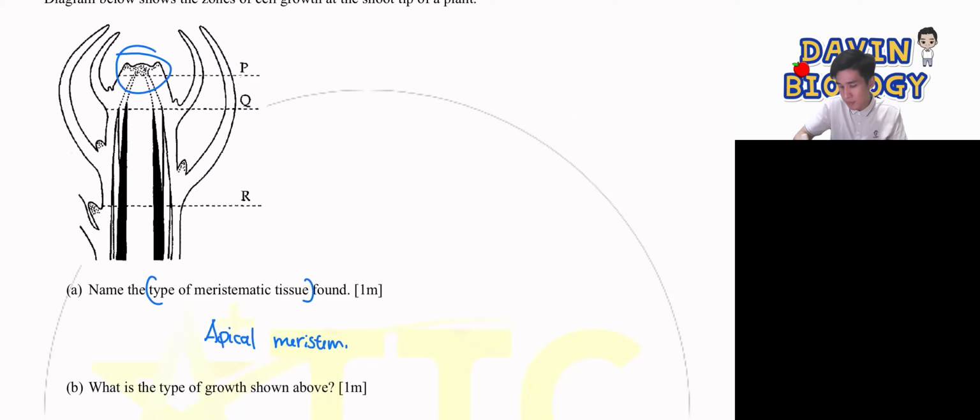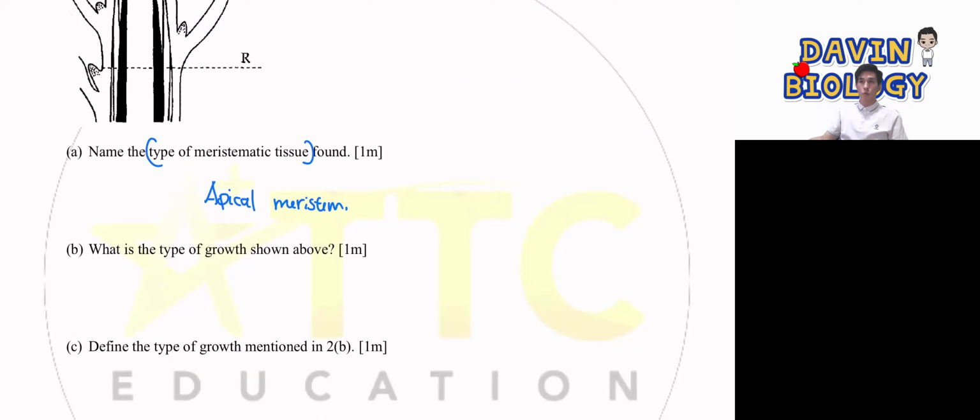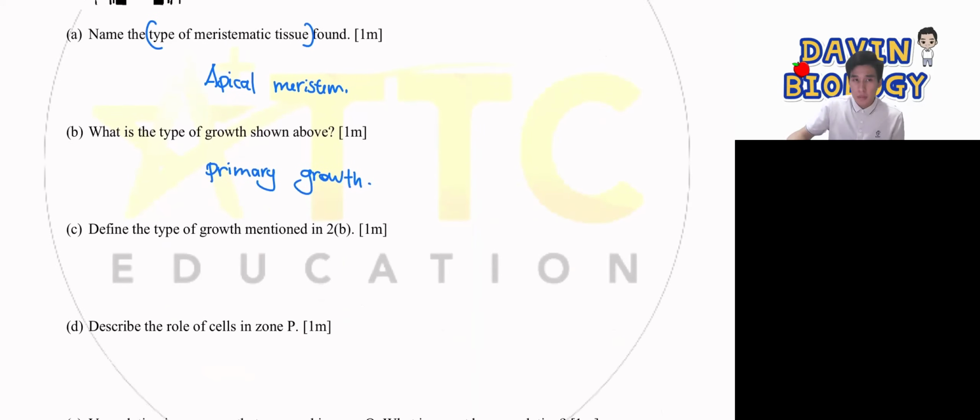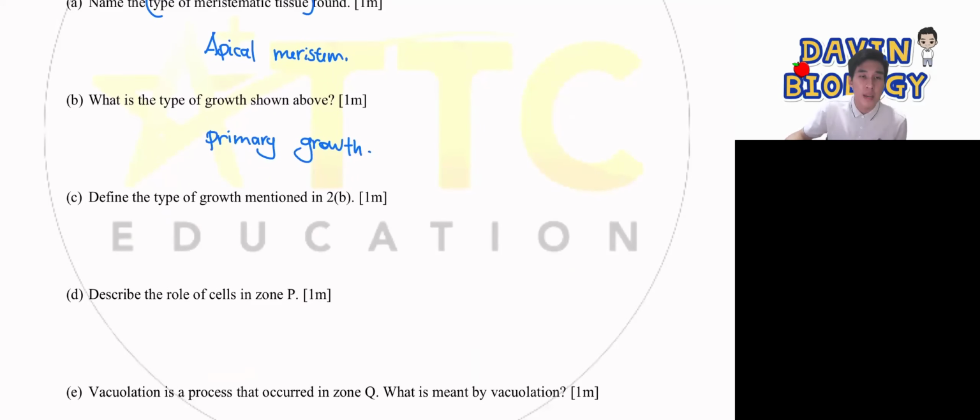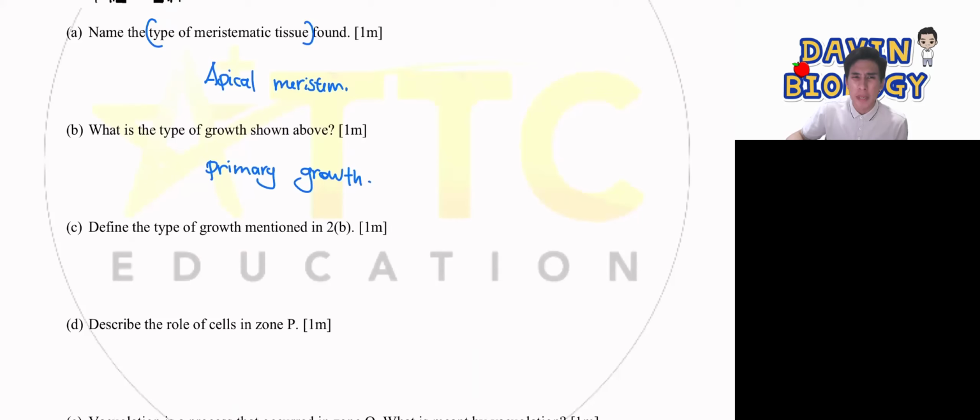Then straight away, what is the type of growth? There are only two types of growth within this chapter, primary and secondary. We are focusing on the tip, increasing the length. Obviously, primary growth. Define the type of growth mentioned. So that's it, explain primary growth.